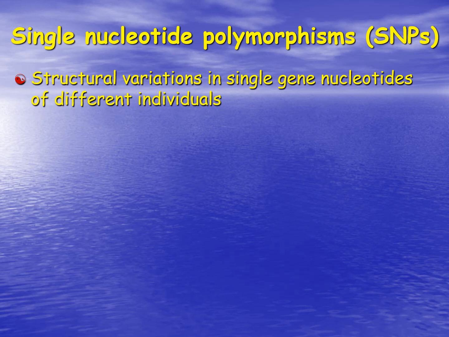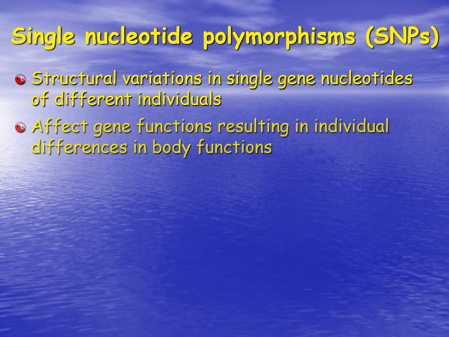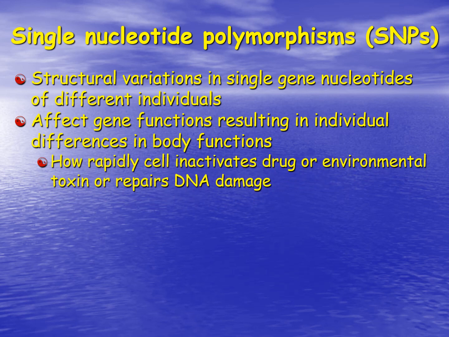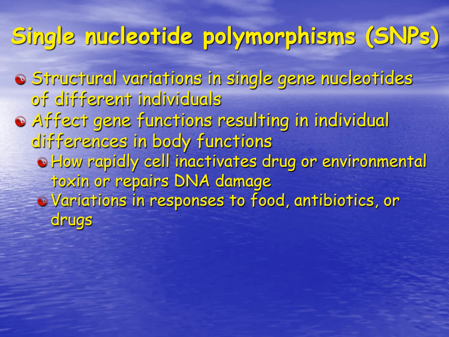So, SNPs are structural variations in single gene nucleotides of different individuals. They can affect gene function, resulting in individual differences in body functions or appearance, and in how rapidly the cell inactivates drugs or environmental toxins or repairs DNA damage. So it may allow one person to be very susceptible to a disease while another is not susceptible at all.